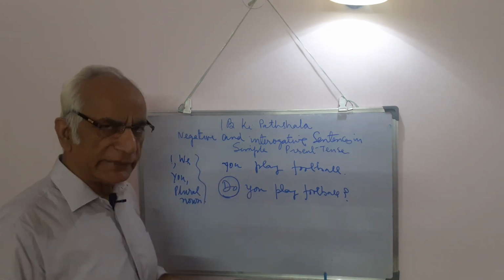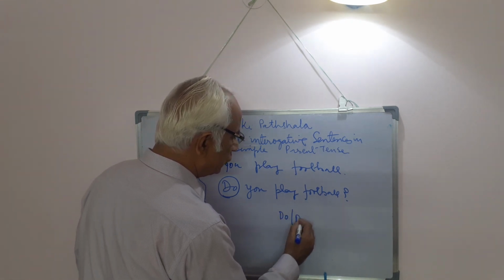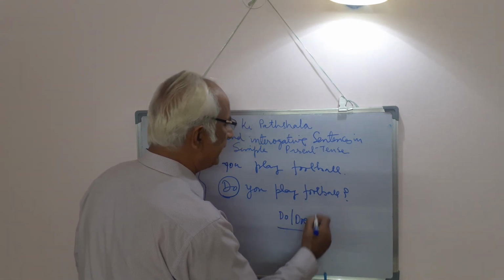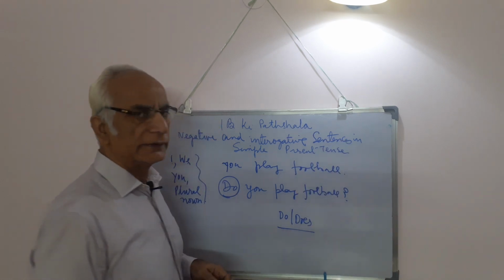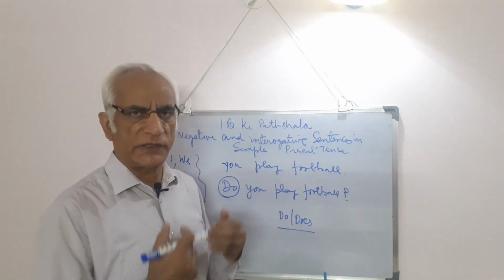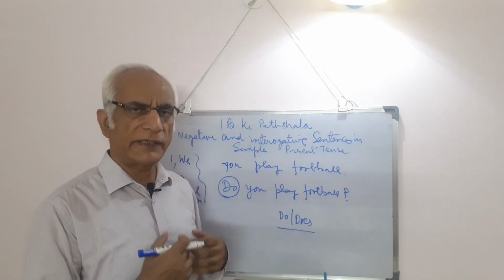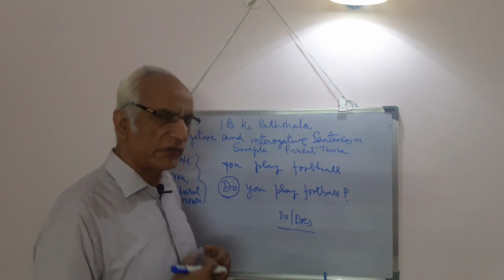So when the subject is I, we, you, plural noun, we will use the helping verb do. And when we start the sentence with do or does, you must understand that this is an interrogative sentence. That means you are asking a question. You want to get some information. So for getting information, you are asking a question. And how do we frame the question?